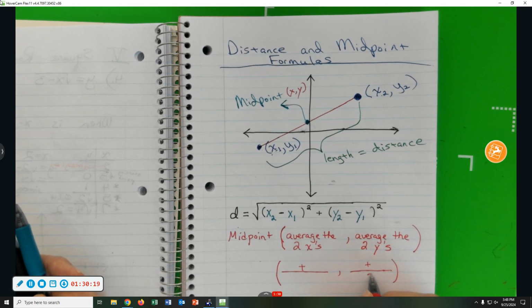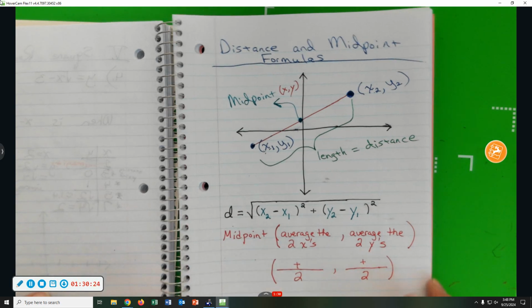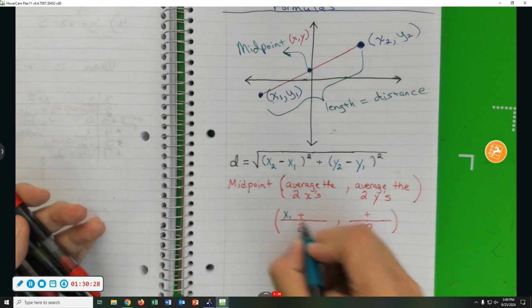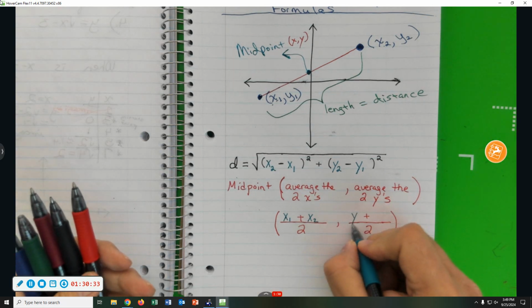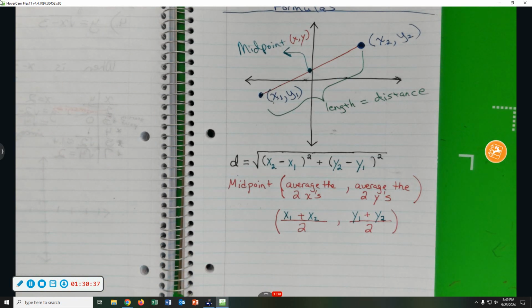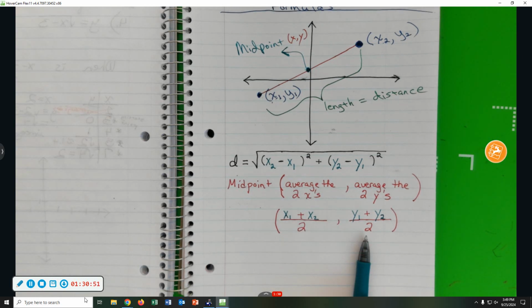So y'all said to average, you add them up, divide by 2. So add the two x's, divide by 2. Add the two y's. Addition is commutative, so it doesn't matter which ones you add first. Whether it's x1 plus x2 or x2 plus x1, it'll be the same thing. Divide by 2, and the same thing for the y's.